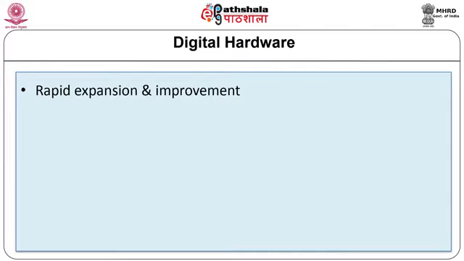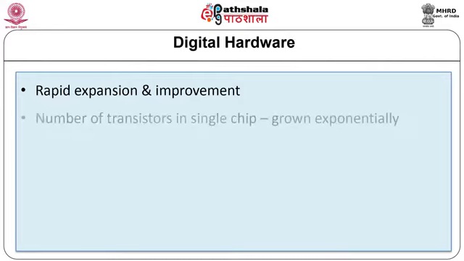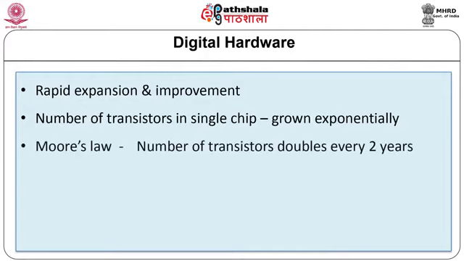Digital hardware has seen rapid expansion and improvements in the last 3-4 decades. The number of transistors in a single chip has grown exponentially and contains millions of transistors today. Moore's law states that the number of transistors in an IC doubles approximately every 2 years.